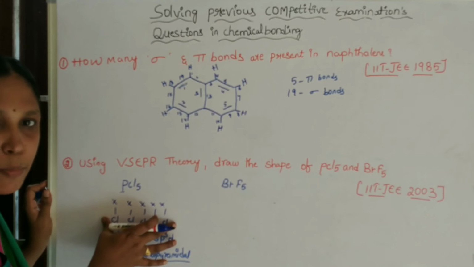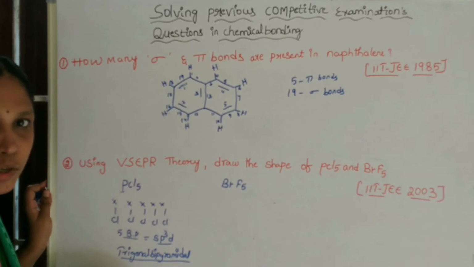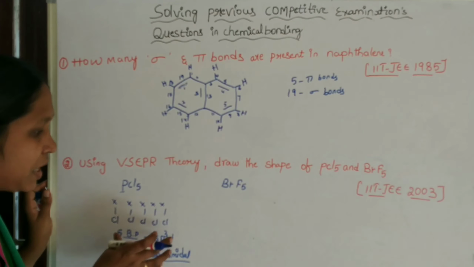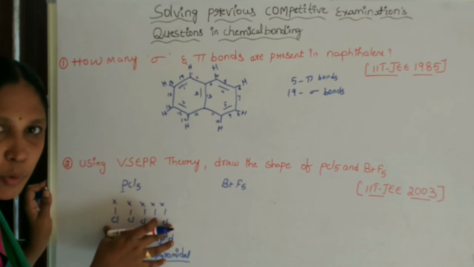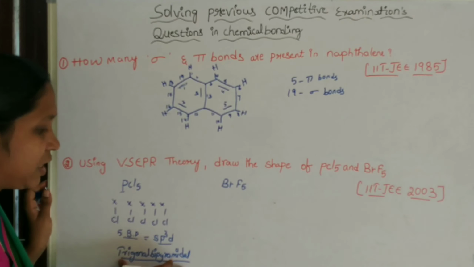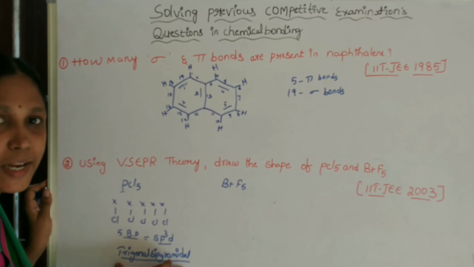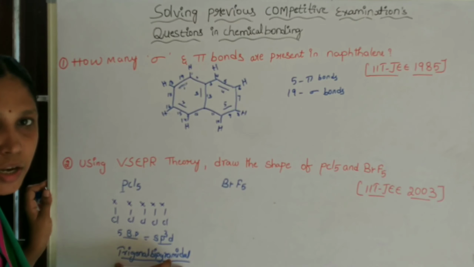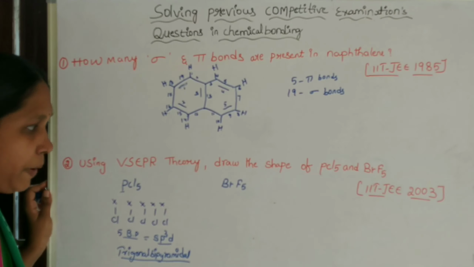All are bonding pairs, which means all form sigma bonds, so the shape is also trigonal bipyramidal. How do we say the shape on the basis of the bonding pairs?